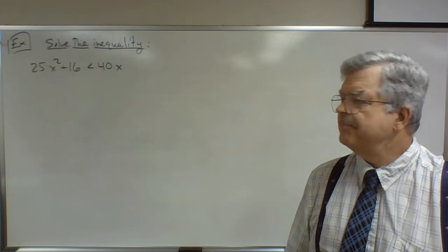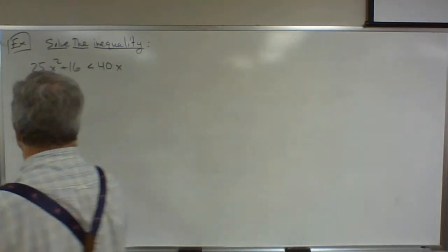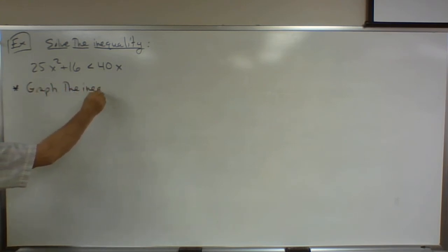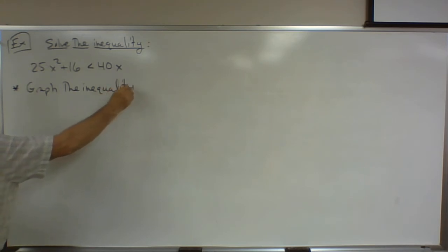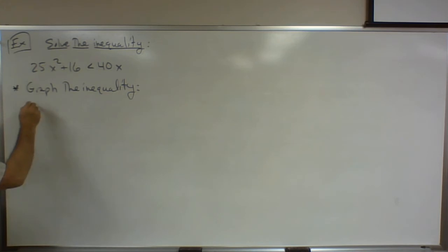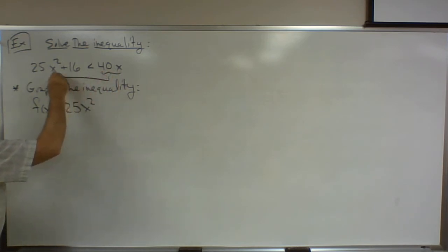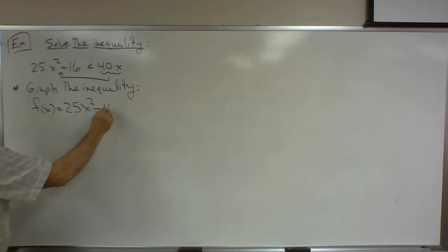Let's do that one. Graph the inequality. Well, you know what? I'm going to have to rewrite this and get 0 on one side. So I'm going to move this 40x over here and make it negative 40x.